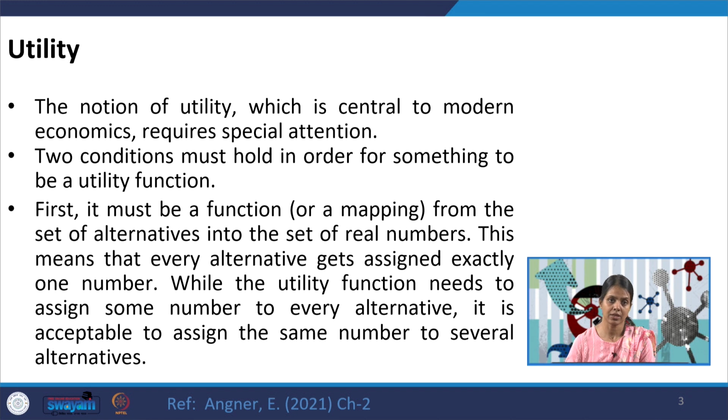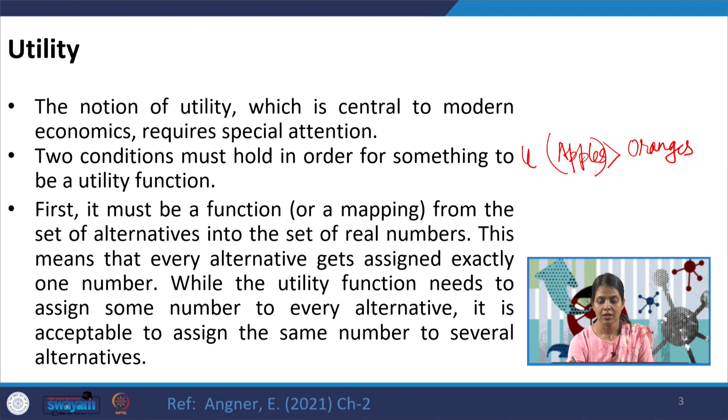So, in very simple terms, we have talked about our preferences previously, and suppose I get utility or satisfaction by consuming apples and oranges, and I prefer apples over oranges. So, I get some utility from apples which is supposed to be greater than the utility that I get from oranges.